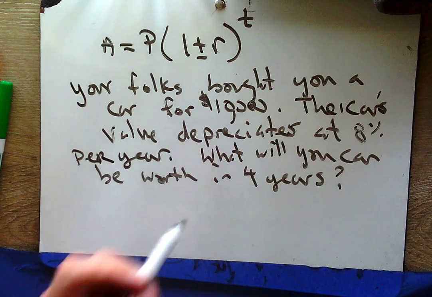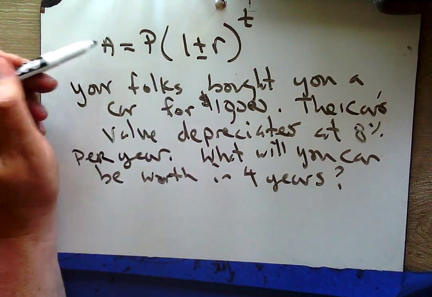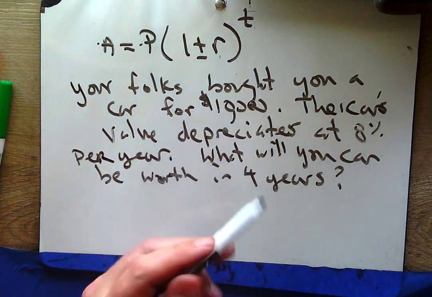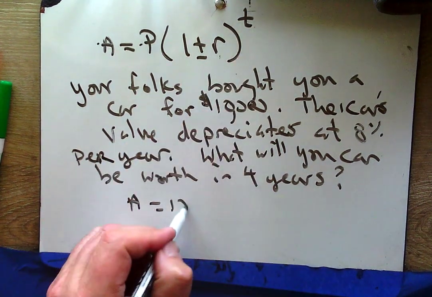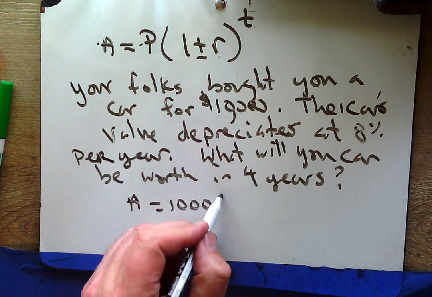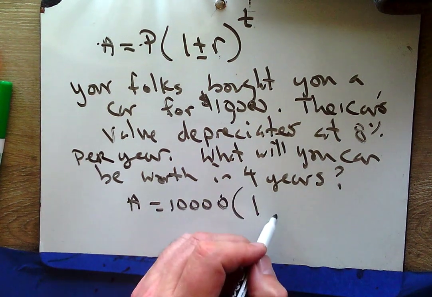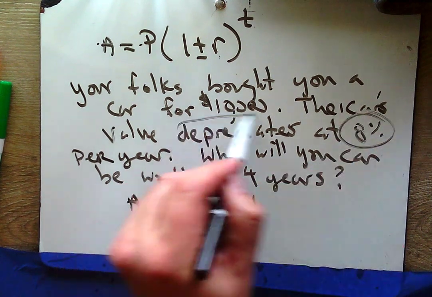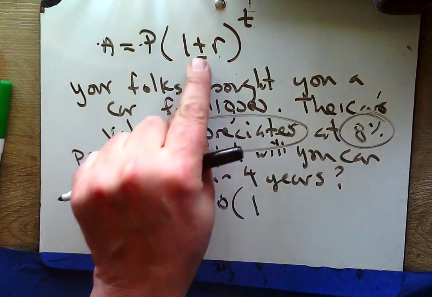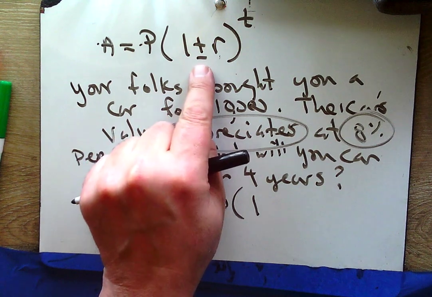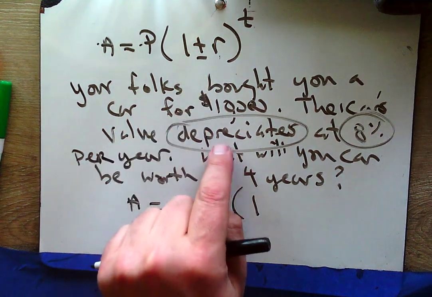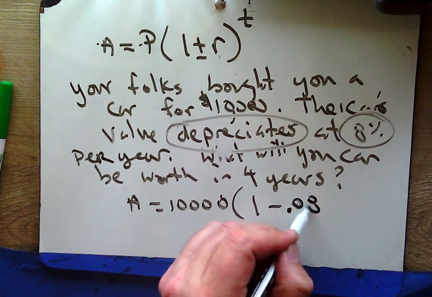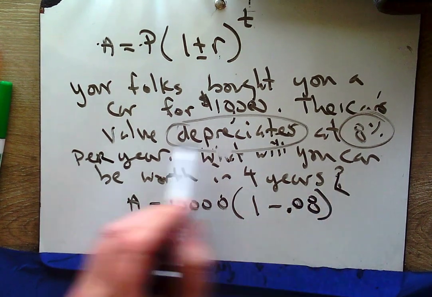Okay, well, let's see. Ending amount, starting amount, rate, time. Not plus, minus, goes down. To the 4.